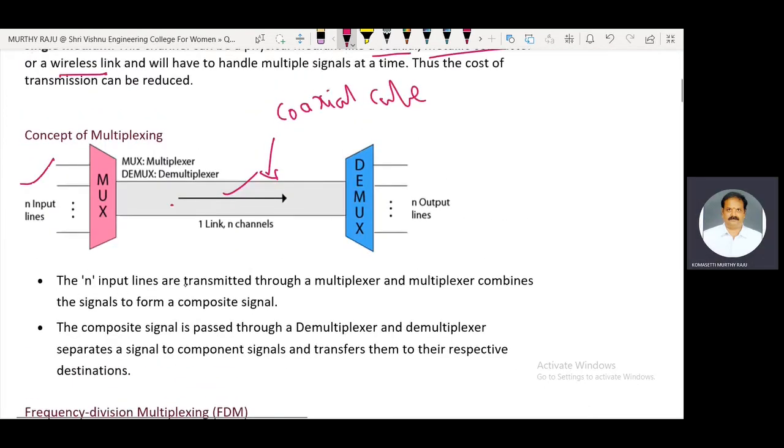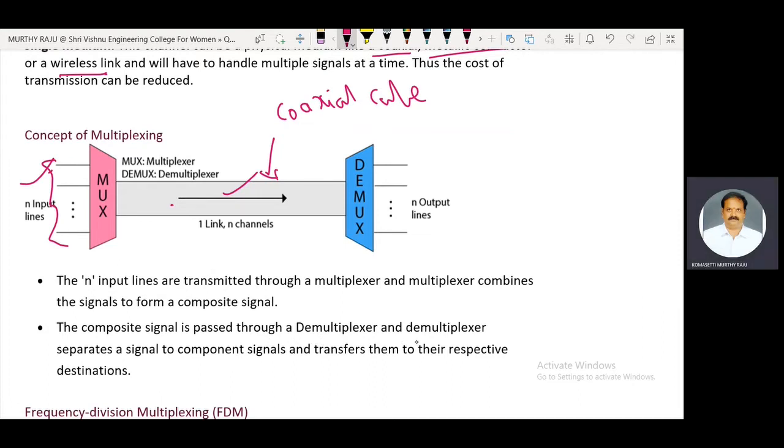Here, the n input lines are transmitted through the multiplexer. The multiplexer combines the signals to form a composite signal, one signal. The composite signal passes through the channel.